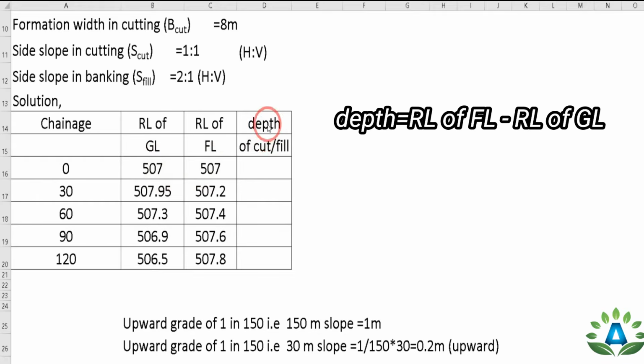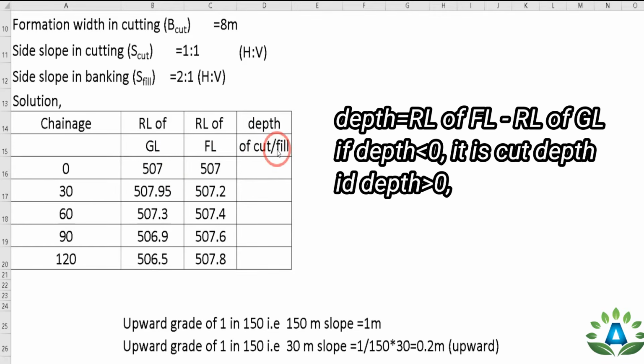Now we need to calculate the depth of the cut or fill. For this we simply do RL of formation level minus RL of ground level. If this comes out negative then it is the depth of the cut, and if it is positive then it is the depth of the fill. So let's start.